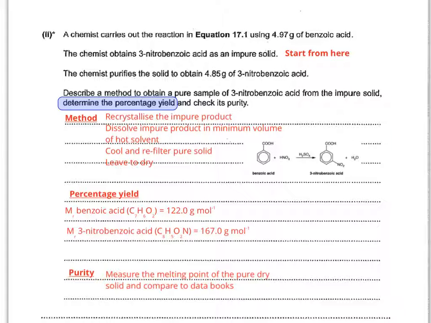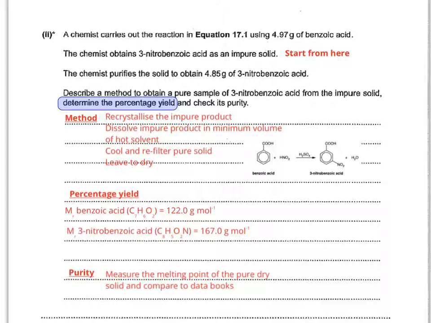What I tend to do is I convert the displayed formula, the structure they give me, into a molecular formula, so it's easy to count up and calculate the formula mass. So your relative molecular mass is 122.0 for benzoic acid, and 3-nitrobenzoic acid is 167.